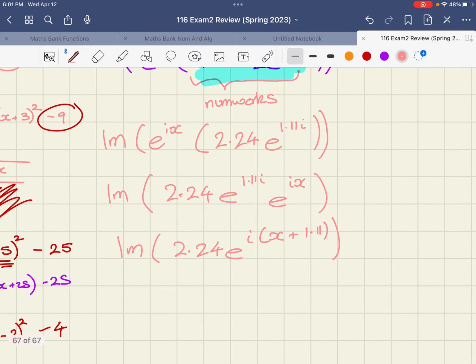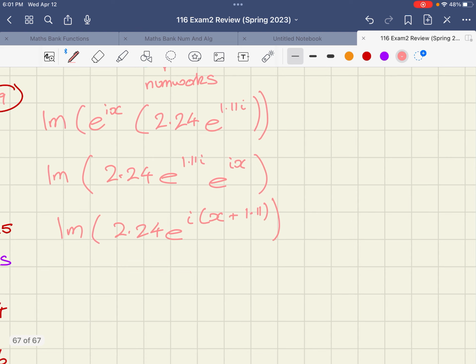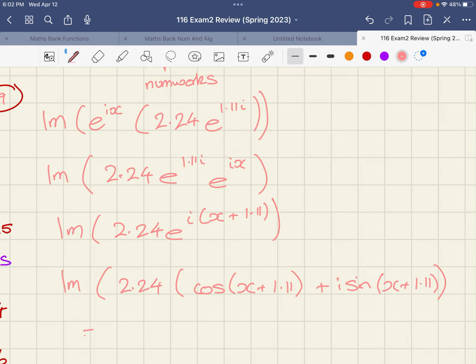So if I'm taking the imaginary part of this, I'm going to be left with just the sine, because it's the imaginary part of 2.24 cos x plus 1.11 plus i sine x plus 1.11. But because I'm only taking the imaginary part, that's what the Im stands for, I just get 2.24 sine x plus 1.11.